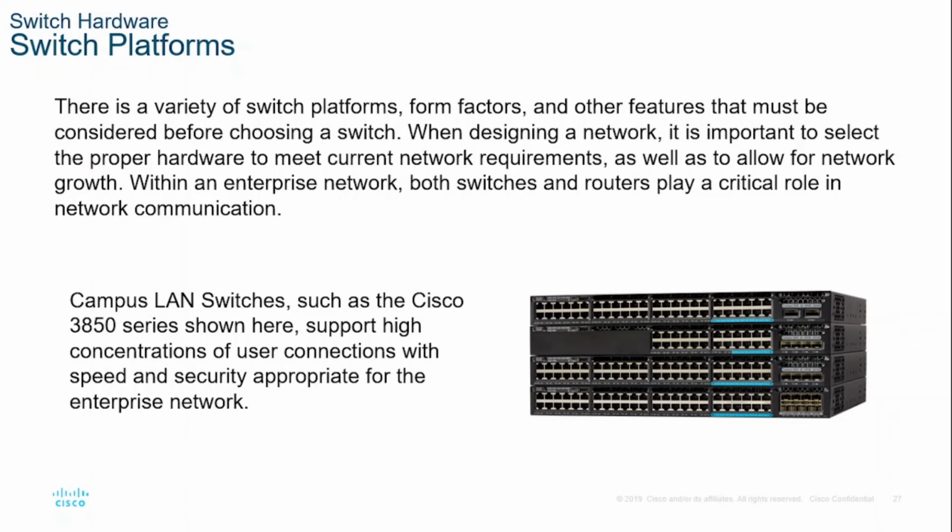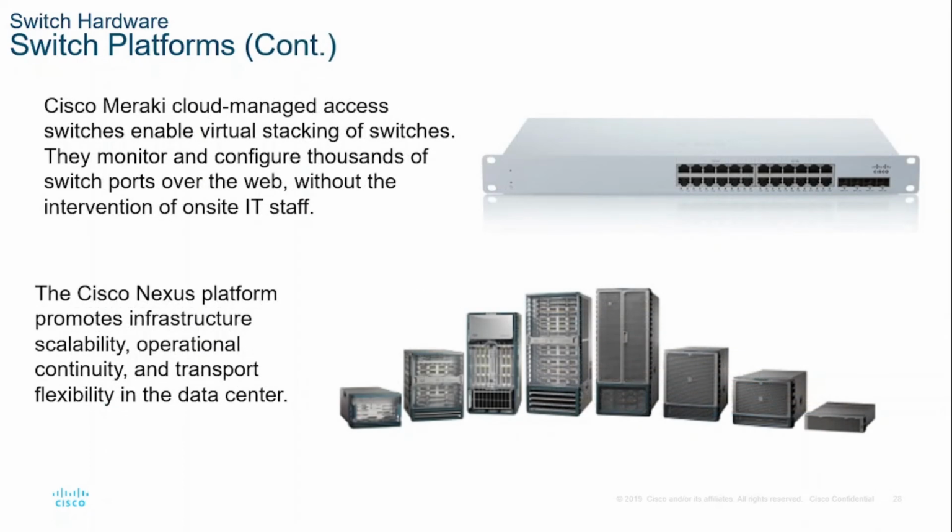Within an enterprise network, both switches and routers play a critical role in network communication. Switches can be categorized as campus LAN switches. To scale network performance in an enterprise LAN, there are core, distribution, access, and compact switches. So these are examples of switch platforms.